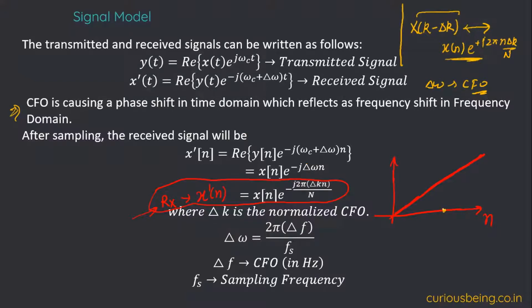That particular OFDM plot, that particular constellation plot, was for multiple symbols. In one symbol there will be multiple samples. As the sample index increases, let's say I have 1000 samples, for the first sample the phase shift will be only 2 pi delta k by n. For the 100th sample, it will be 2 pi delta k by n into 100. So the phase shift depends on the sampling instant also.